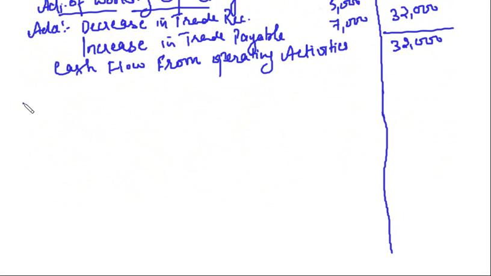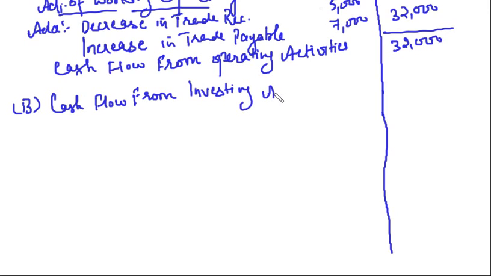Now, second part. Cash flow from investing activities. Clear?